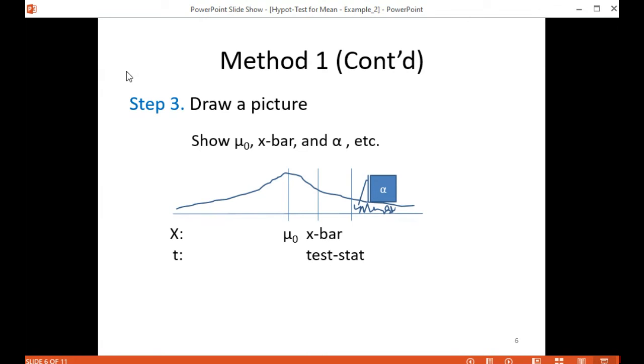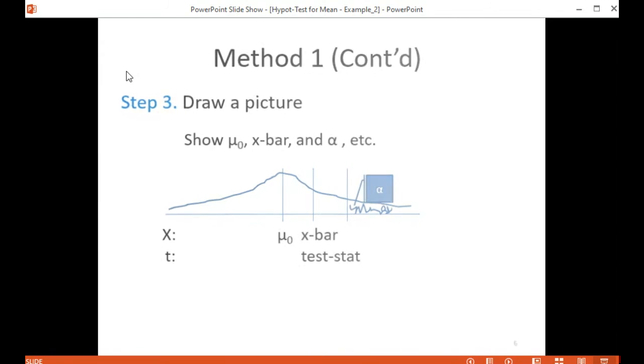Now we're going to find a t value corresponding to that x bar. So that basically is finding how far x bar is from mu0 and dividing by the standard error. And then we'll use that to find the area under the curve to the right, and on the other side to the left of those symmetric points.